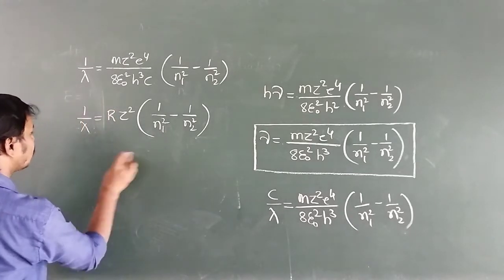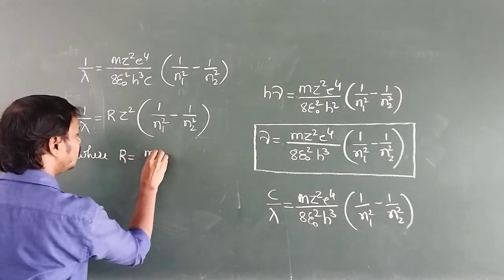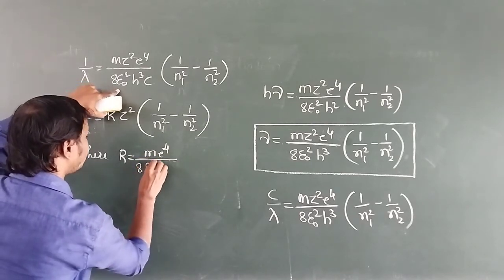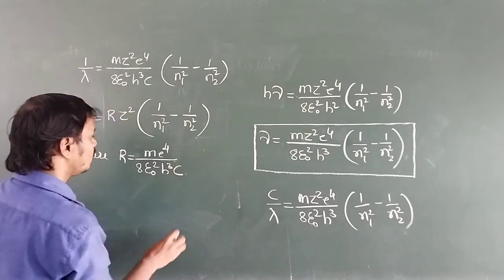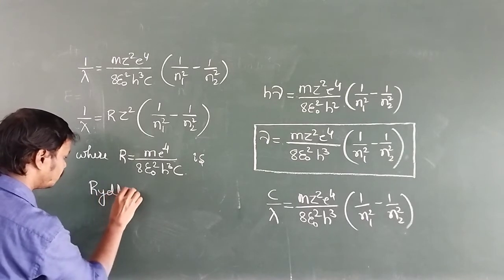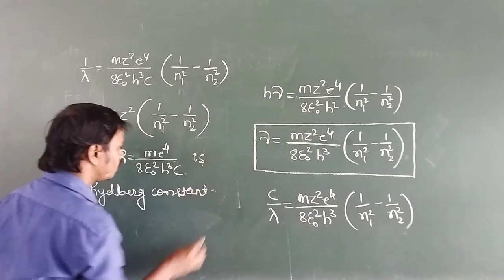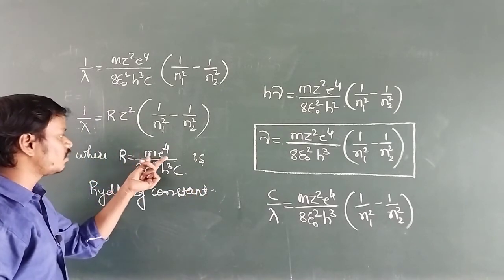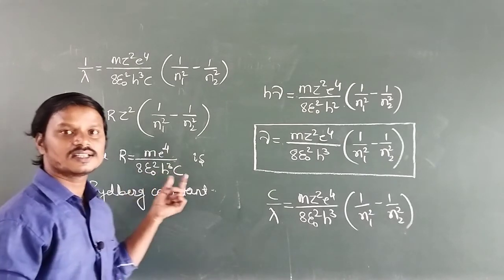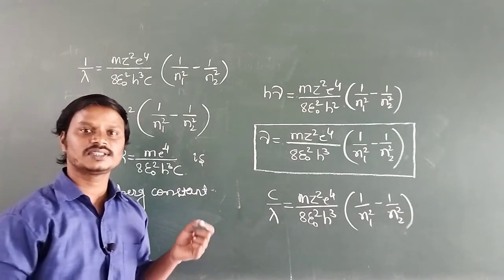Now here R is equal to m e to the power of 4 divided by 8 epsilon naught square h cube into c, is the Rydberg constant. Its value is found by substituting the values of mass of the electron, charge on the electron, and epsilon naught, the absolute permittivity, whose value is about 8.854 into 10 to the power of minus 12.